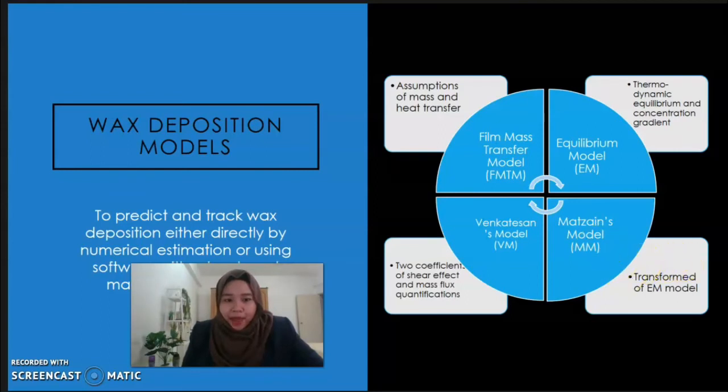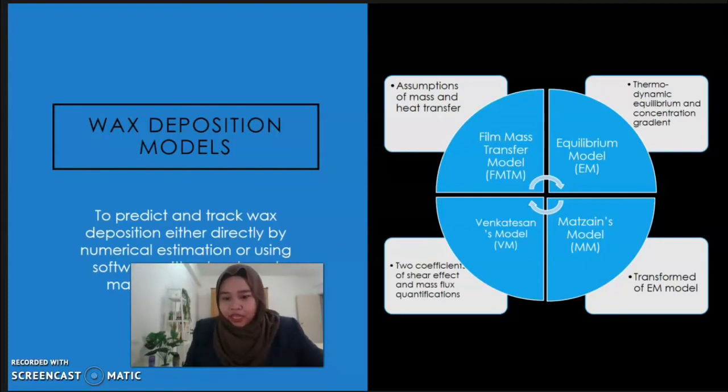For the MM, it is a transformed EM model that makes it more efficient by using as an empirical correlation the diffusion equation as well as the aspects specific to shear stripping and trapped oil factors. The last one is the Van Cartesian's model. VM is mainly built with two coefficients for shear effects along with mass flux quantification in the model.